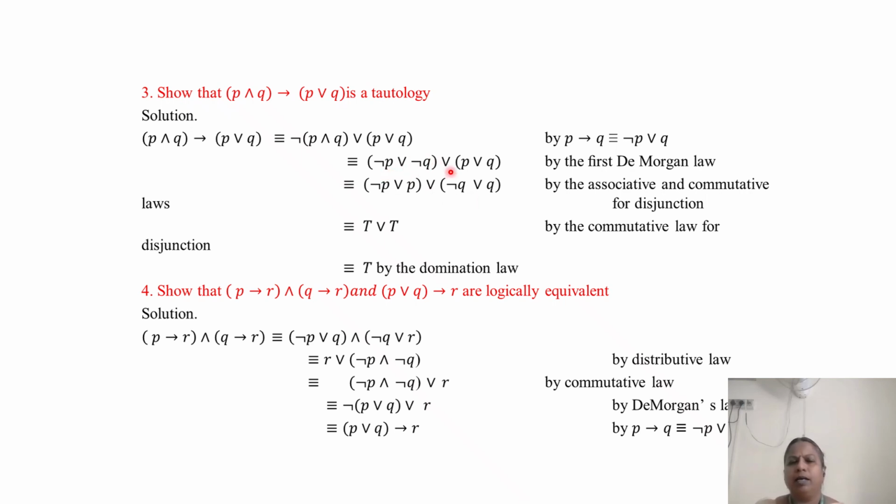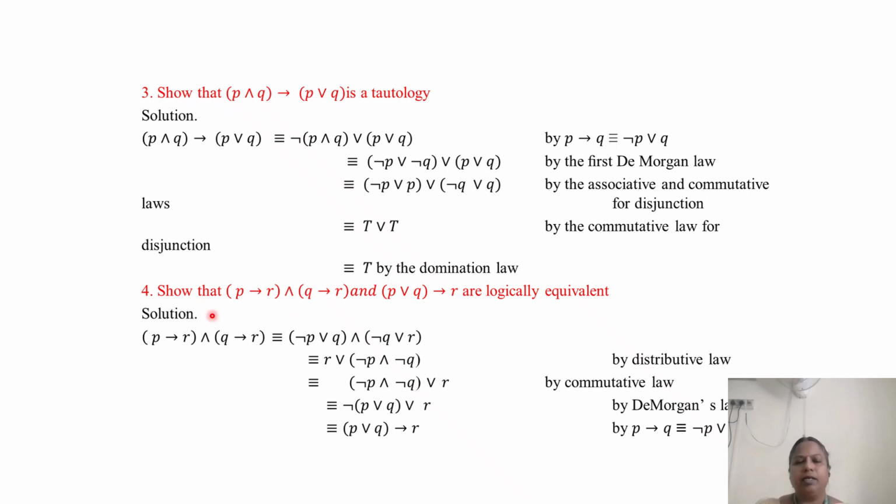First we apply the associative law here. Negation Q or P, interchange these two using the commutative law. And then we combine negation P or P, or negation Q or Q. So negation P or P is true. Negation Q or Q is true. T or T is true. Therefore, we see that the given statement is a tautology.